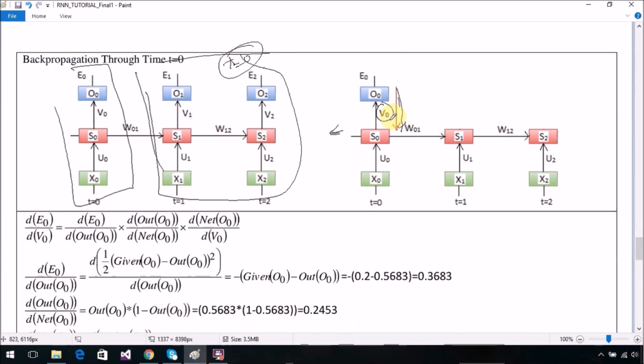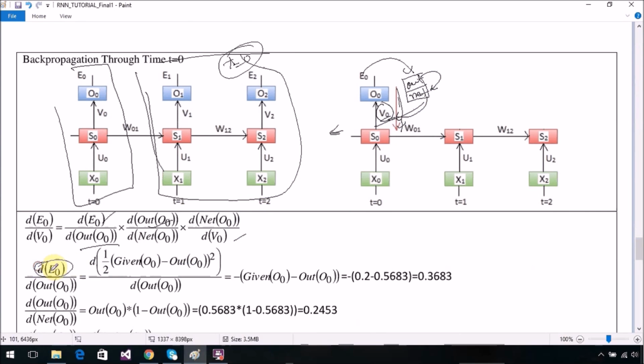to calculate the gradients of E0 with respect to V0, and as discussed earlier it will follow the same path: out, net. So E0 to out part, out part to net part, and net part to V0. So E0 to out O0, out O0 to net O0, net O0 to V0.